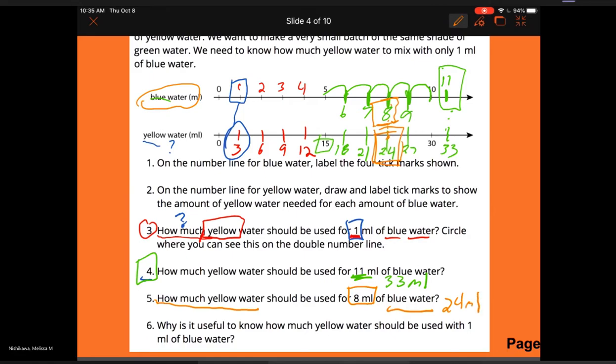Why is it useful to know how much yellow water should be used with 1 milliliter of blue water? So I want you to think about that for a minute. If you know for 1 milliliter of blue water, you need 3 milliliters of yellow water, how can you use that in math? Anyone have an idea?